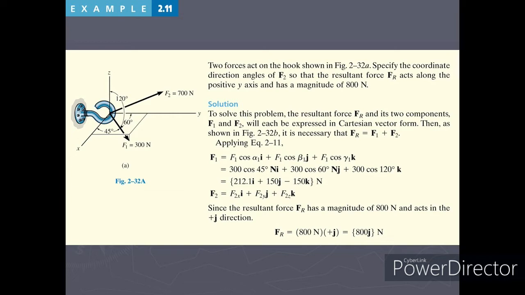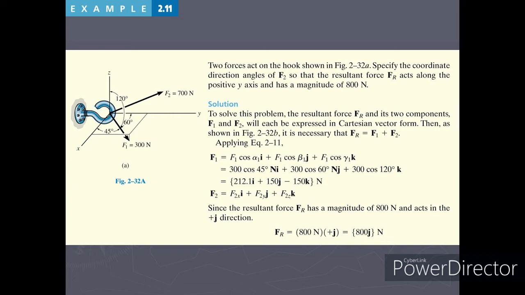So this is exactly what we are using. So this is equal to that. From this problem for F1, we have alpha, beta, and gamma, and we have the magnitude. So all we want to find is the vector in Cartesian vector form. So that's exactly what I'm explaining here.